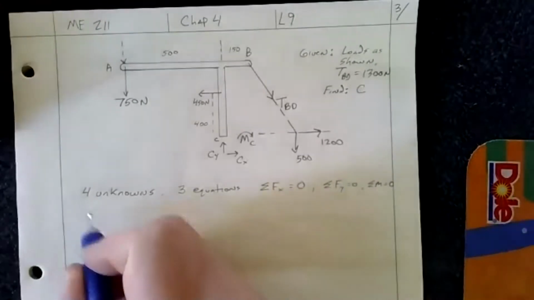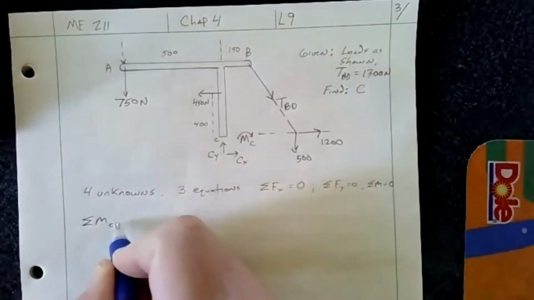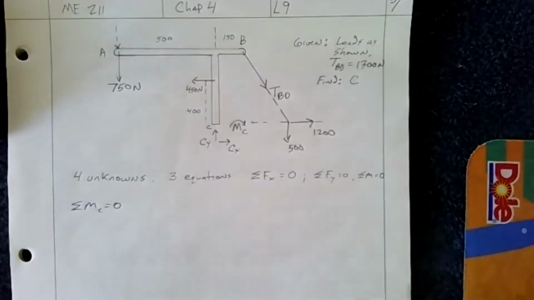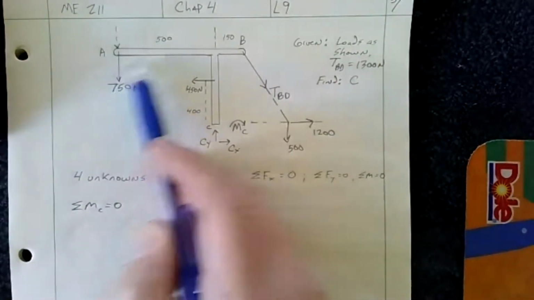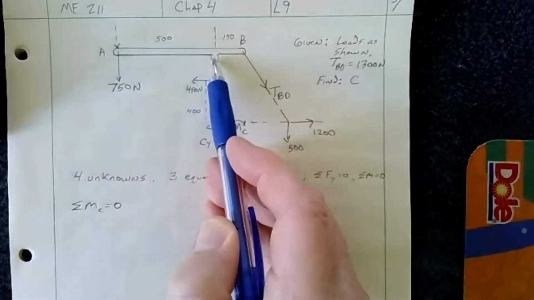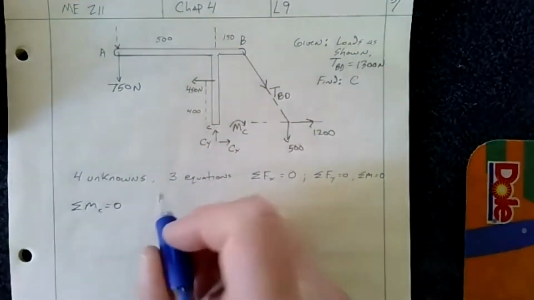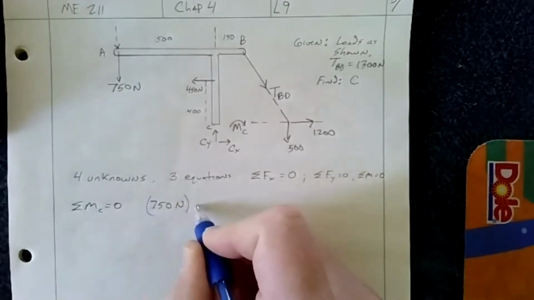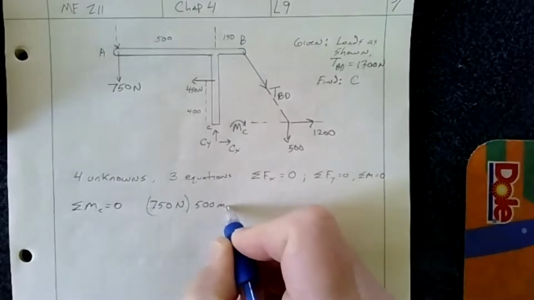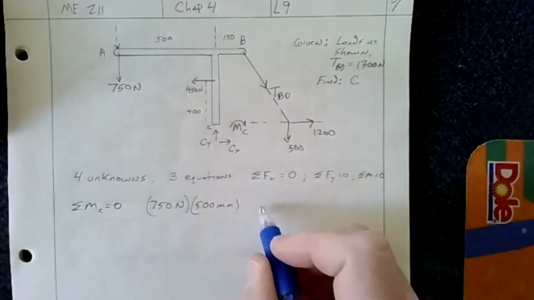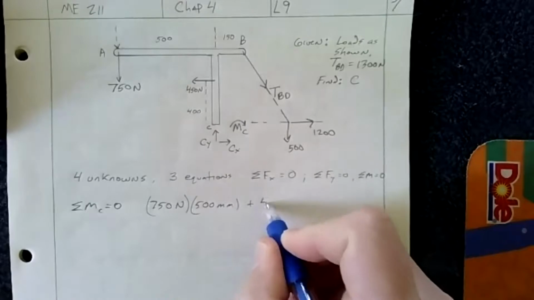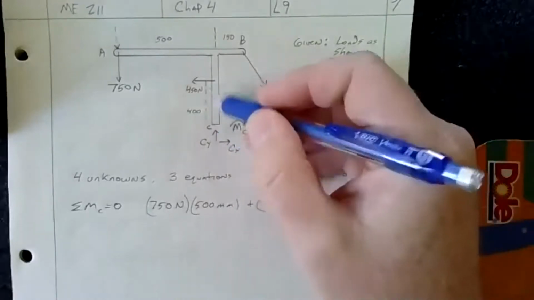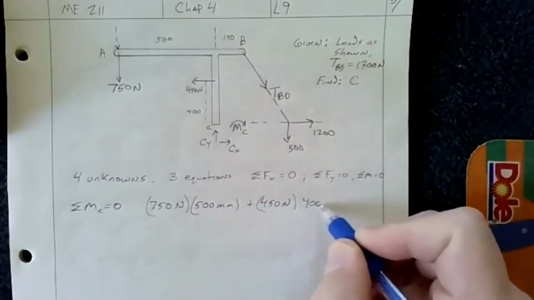So sum the moments about C equals 0. And the way we set that up is we're going to say 750 times the distance 500, and that's going counterclockwise. So 750 times 500 millimeters, then plus 450 newtons, and its height is 400 millimeters.